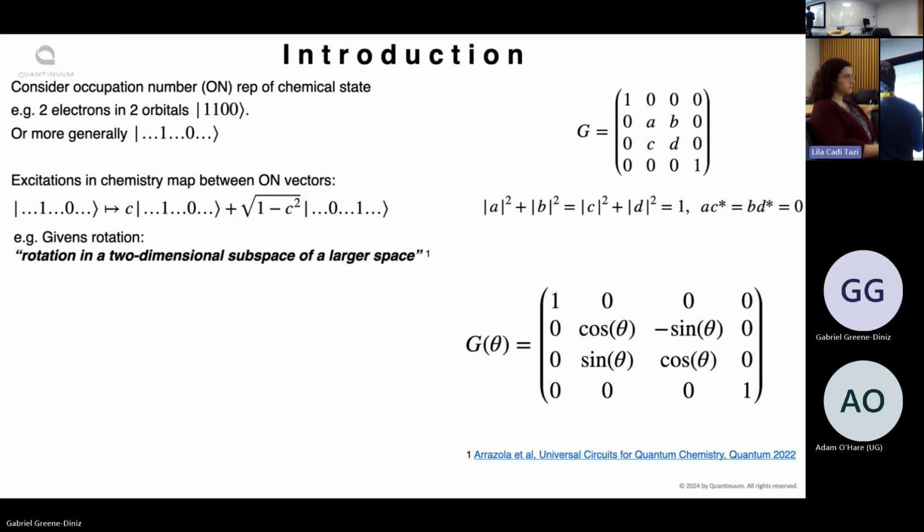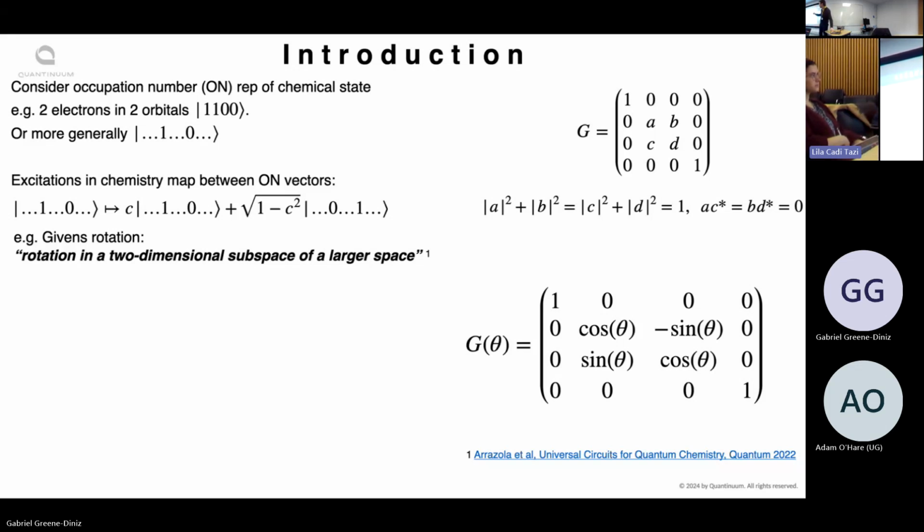The two dimensions you're talking about are defined by these two determinants, and you're rotating in that two-dimensional plane by applying these Givens rotations, where the different angles of that rotation are encoded by the mixing coefficients. So these A, B, C, and D here will be related to the determinant coefficients in your wave function, and you can get that excitation mapping, if you will, from a Givens rotation.